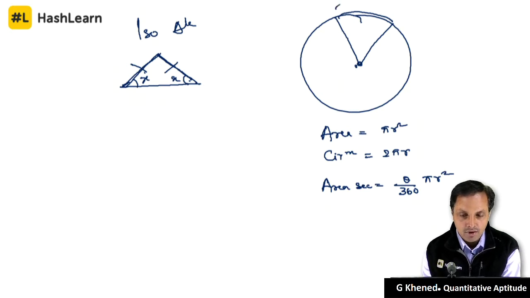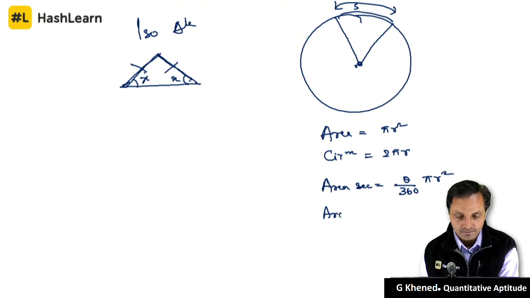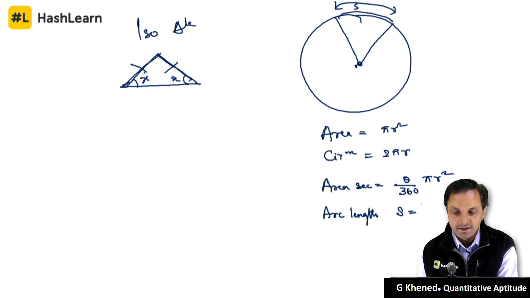Similarly, the arc length, that is S: 2 pi r is the total circumference. When you multiply it by theta divided by 360, you will get the arc length of the sector.